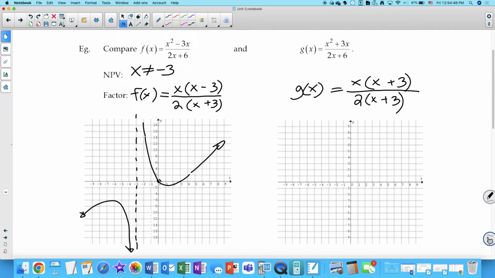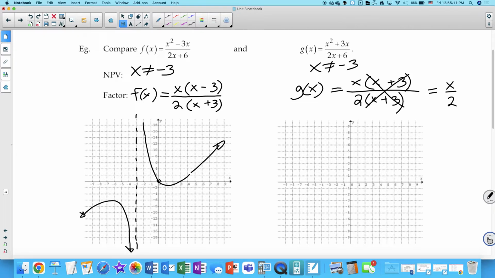Yeah, still the same thing, right? x cannot equal negative 3. However, this one does simplify. It simplifies to x over 2, or 1/2 x.